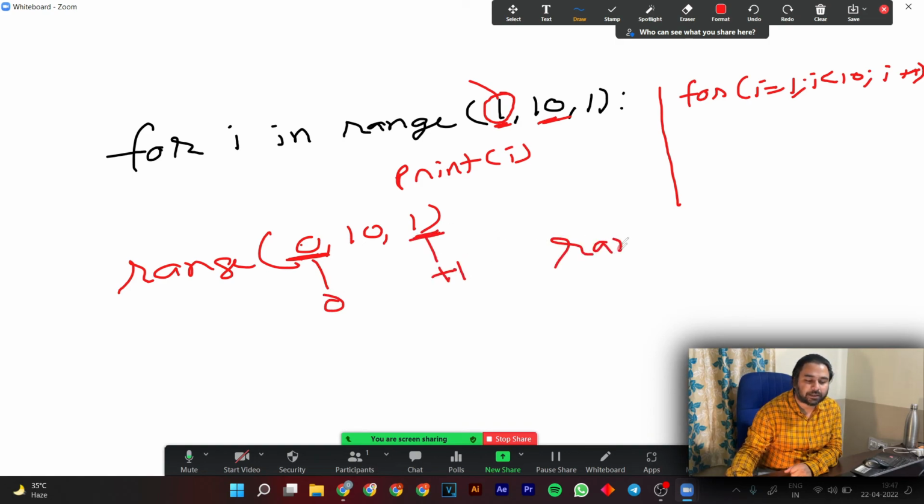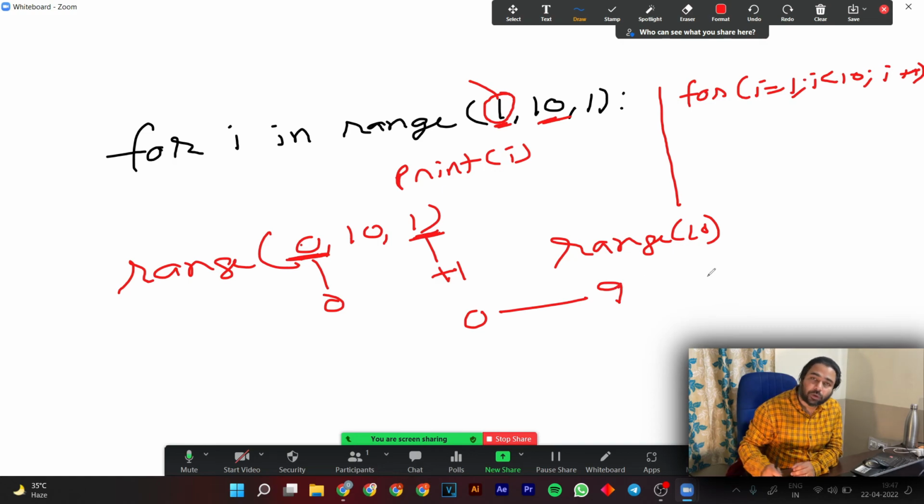So if anyone writes range 10, that means it will start with 0 and go till 9. Remember, 9. If I write n, it will go till n minus 1. If I write 10, it will go till 9. If I write 20, it will go to 19. So if you want to have 20, you write 21.